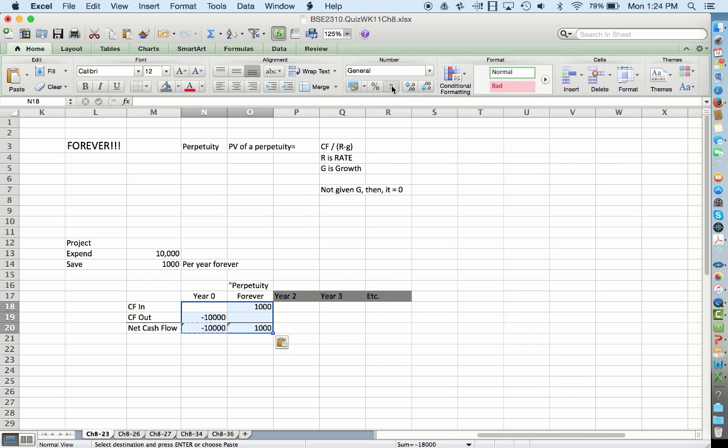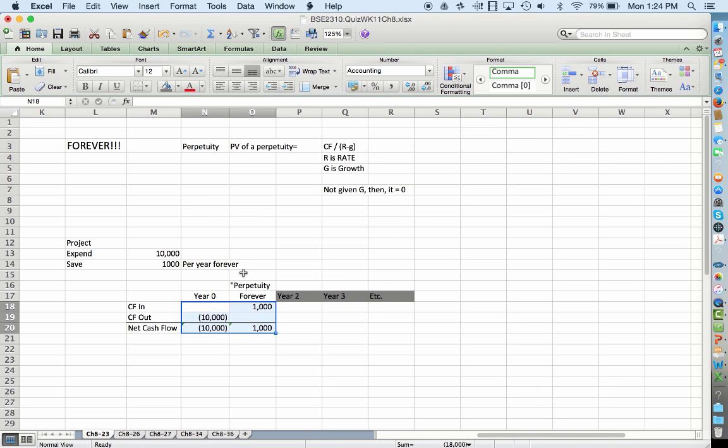Okay, so now I have the net cash flows. These are in their total value. Now what I need is the present value of the cash flow. So this problem makes this pretty easy. You can calculate the present value of year 0, or you can just know that the present value of year 0 is that value.